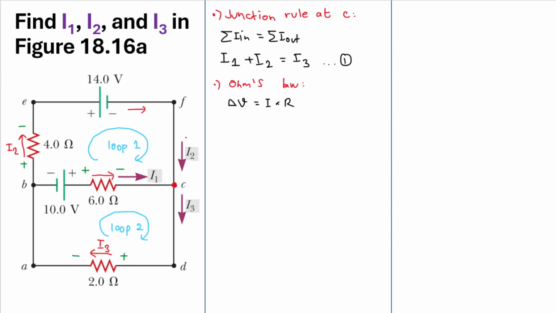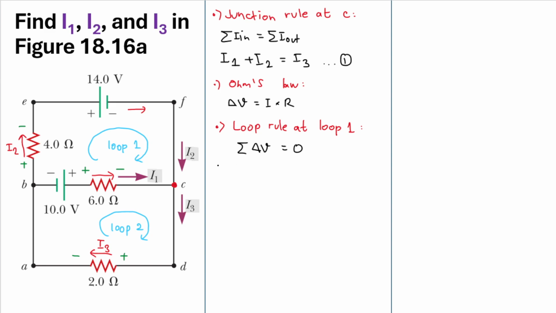Okay, now let's do the loop rule at loop 1. What does the loop rule say? It says that the sum of the voltage in a loop will equal 0. Good.